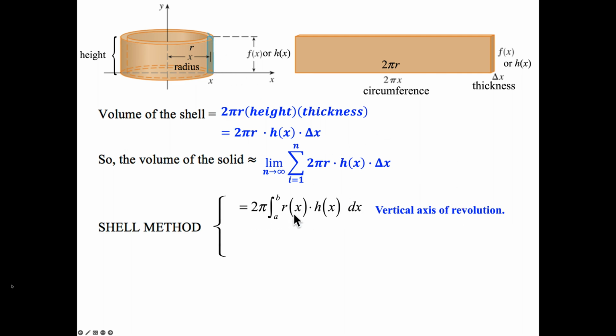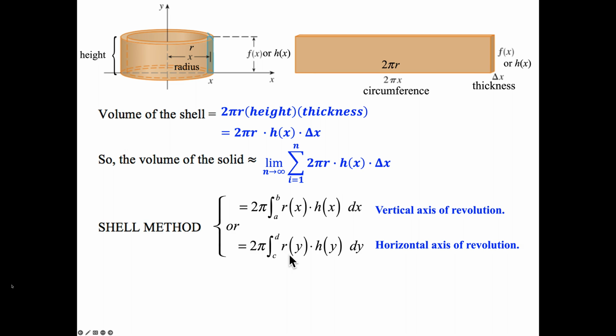We'll have 2 pi, factored out to the front, integrate from a to b, multiply r of x times h of x times dx, integrating with respect to x. If you have a horizontal axis of revolution, then all my x's now become y's, and we integrate from c to d on our y-axis.